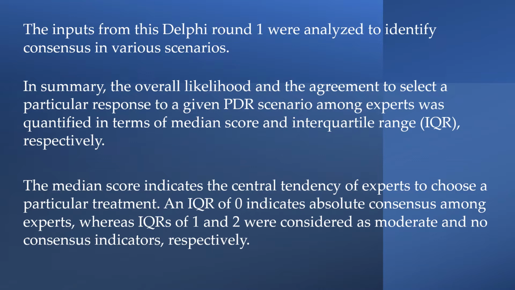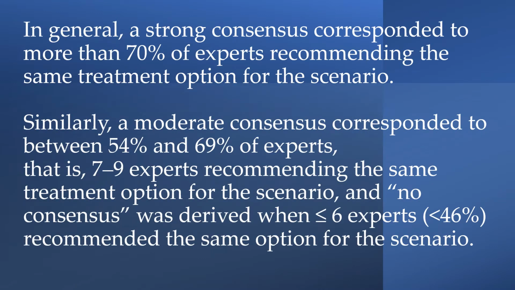The median score indicates the central tendency of experts to choose a particular treatment, whereas an interquartile range of 0 indicates absolute consensus among experts. 1 and 2, on the other hand, indicated moderate and no consensus, respectively. In general, a strong consensus corresponded to more than 70% of experts recommending the same treatment option for the scenario.